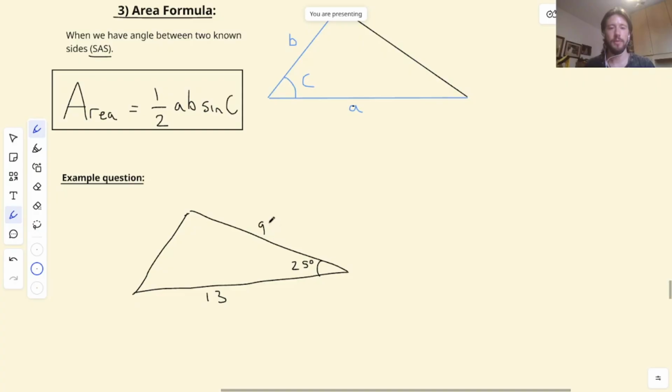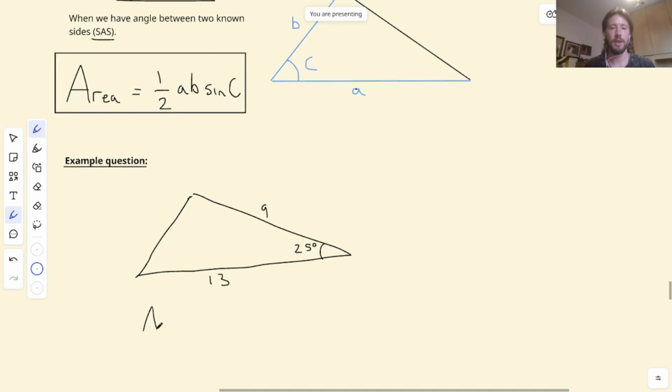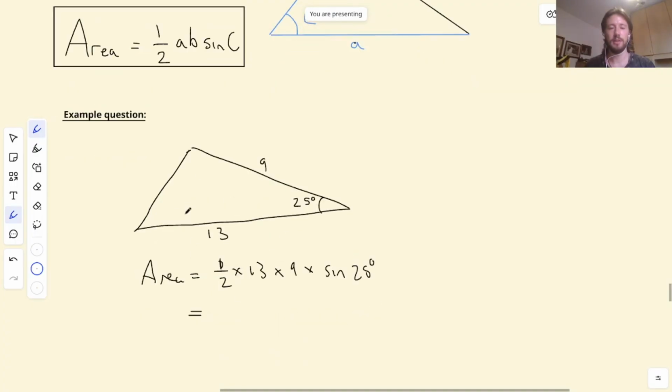Here it's quite simple. b and a are these two sides, and our angle is 25, which is C. So our area is equal to 1/2 times 13 times 9 times sine 25 degrees. And if you put that into a calculator, you will get 24.7.